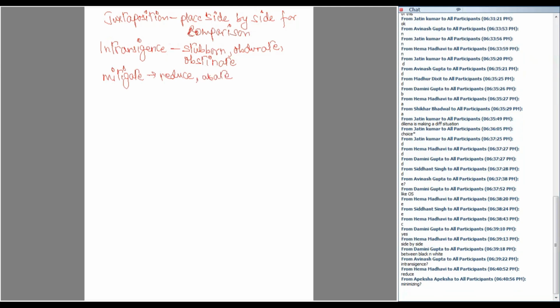You abate. For example, if you are experiencing sharp pain, you take some medicines to mitigate the pain. So poverty mitigation programs, poverty alleviation programs. Alleviate also is a synonym. Reduce, abate, alleviate, all these are synonyms. Then we had words like fawning.